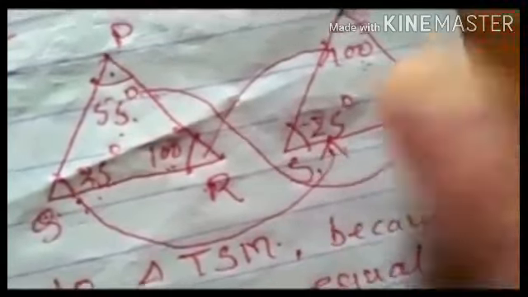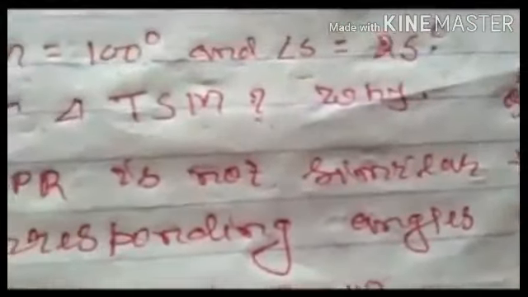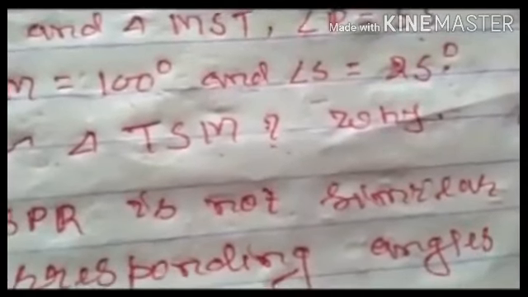When we write two triangles as similar using the symbol, their corresponding angles must be written in the corresponding way. Our question was to verify whether triangle QPR is similar to triangle TSM or not.